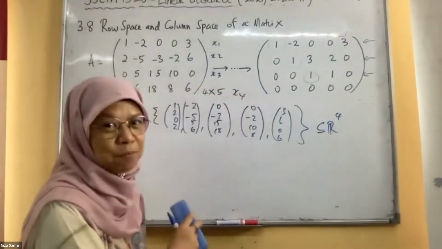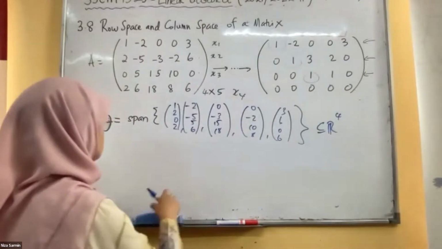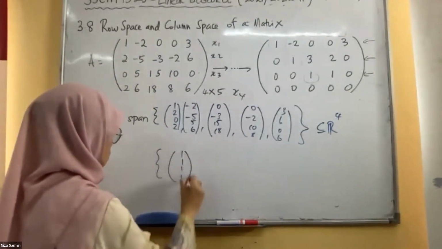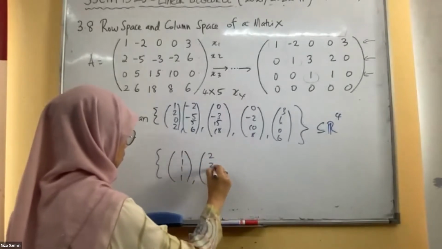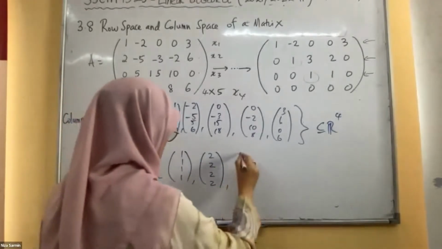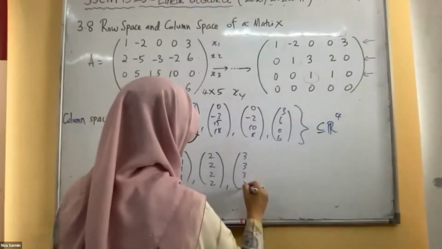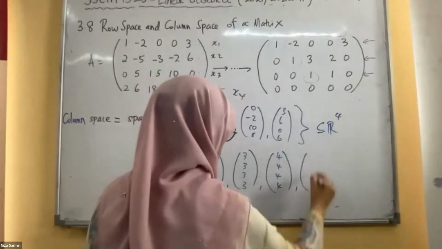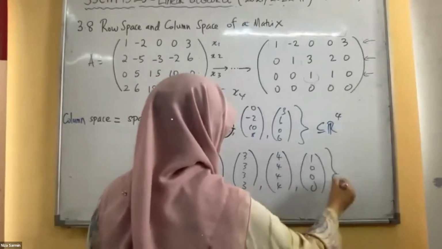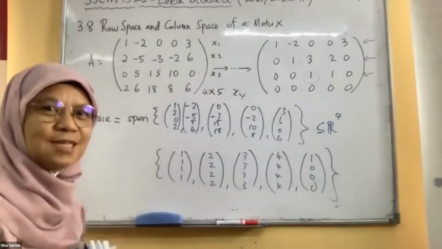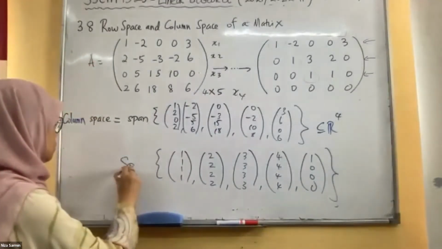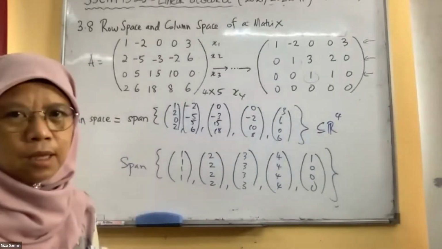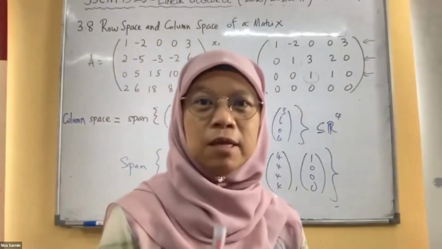I will give an example, why I know it must be at least 2. Look at this. This is another question. You want to find the basis of this spanning set.